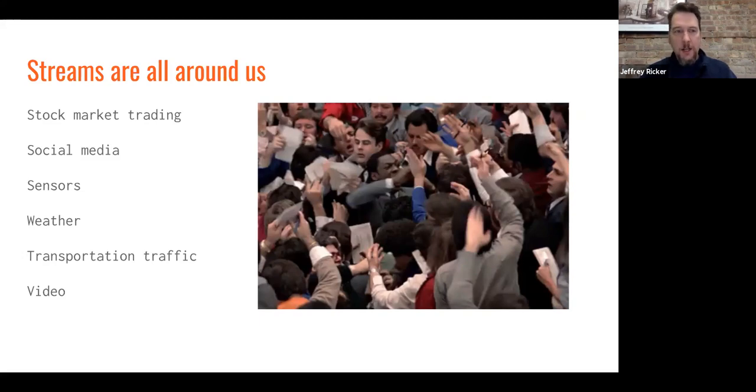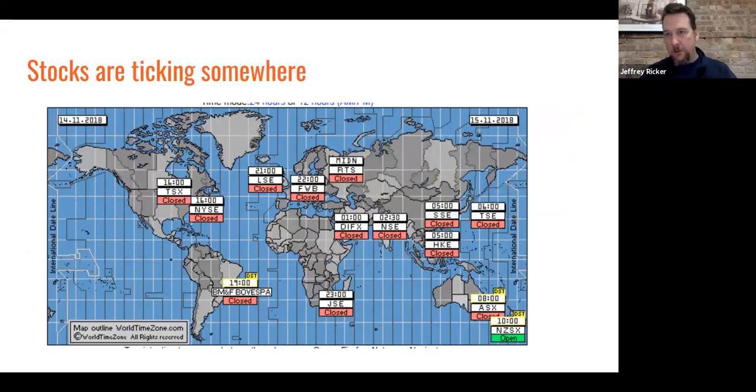And even with the stock market, I don't know if you guys are familiar with the movie Trading Places, but the trading on the stock market floor stops at a certain time on a particular market. And as a result, companies always deal with an end of day kind of processing, this batch processing, where they say, okay, let's take all the trades of the day and sum them up. But in reality, that's no longer reality, because somewhere at any time the stock market's open.